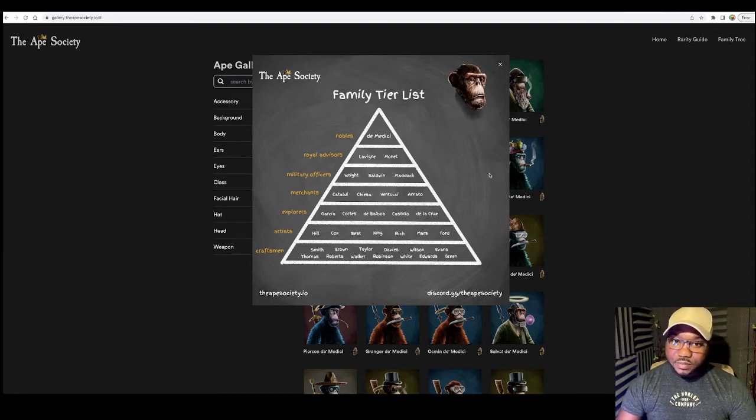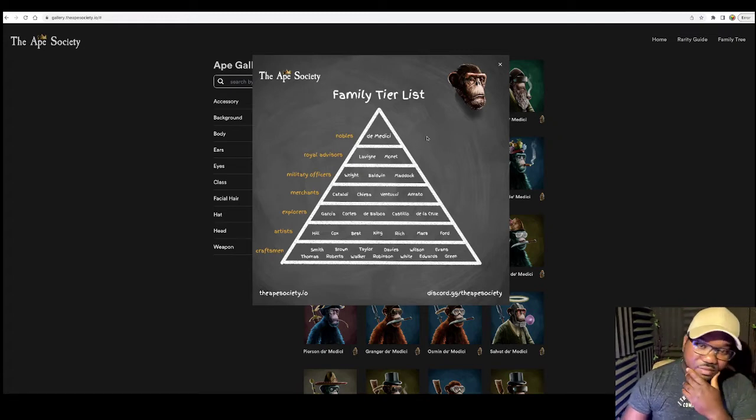as well. Now, if you look at the different classes here, you have 7 different classes. So you have the nobles, you have the royal advisors, you have the military officers, you have the merchants, you have explorers, you have artists, and you have craftsmen, right?